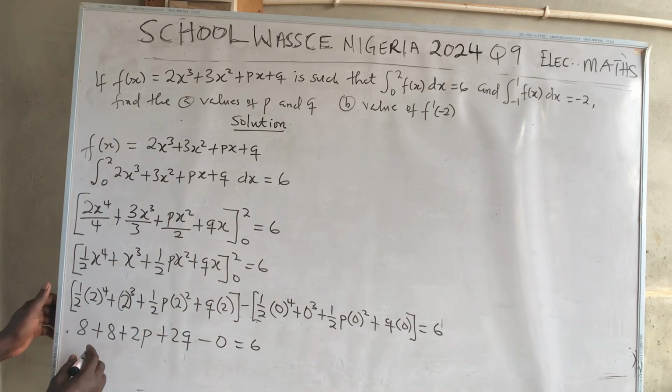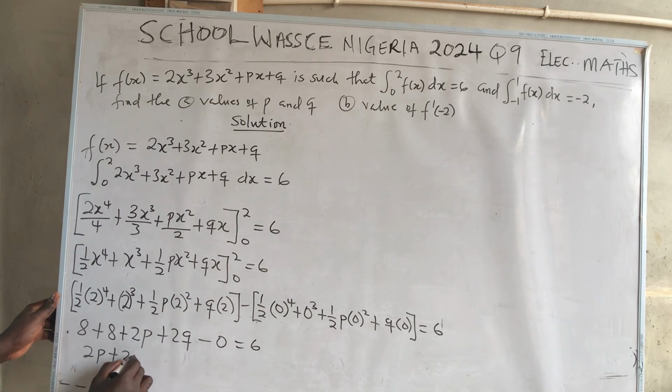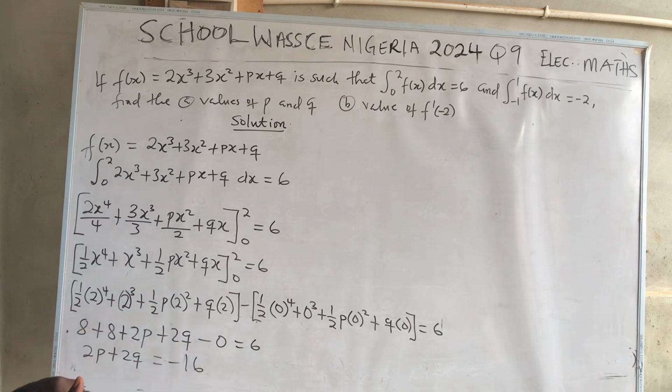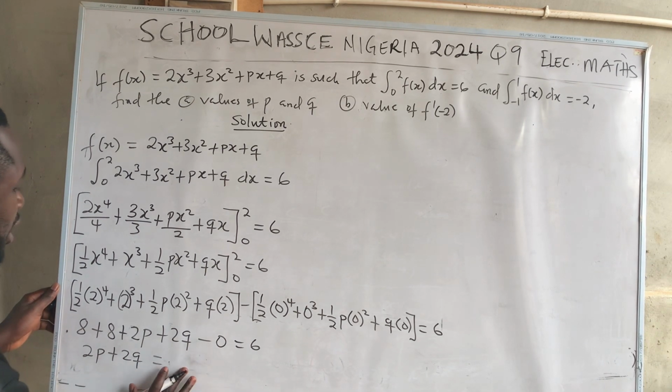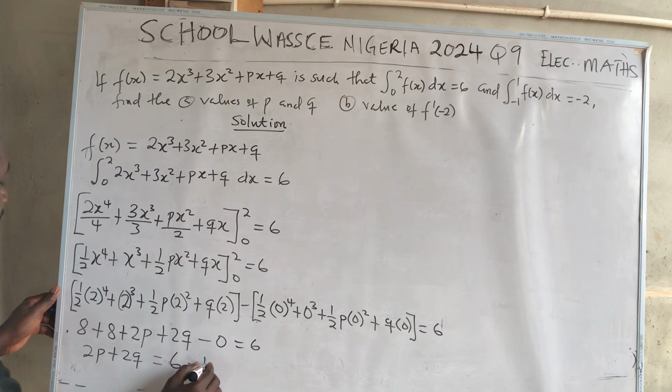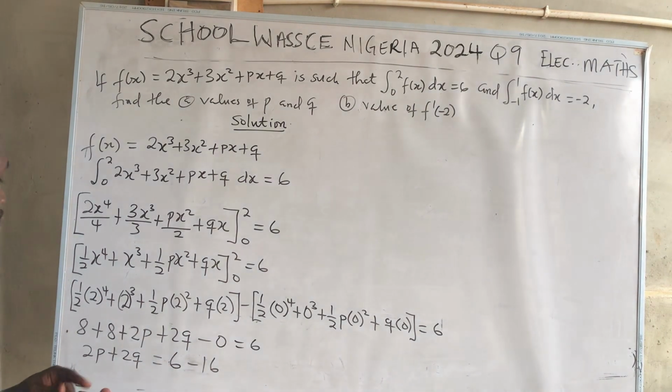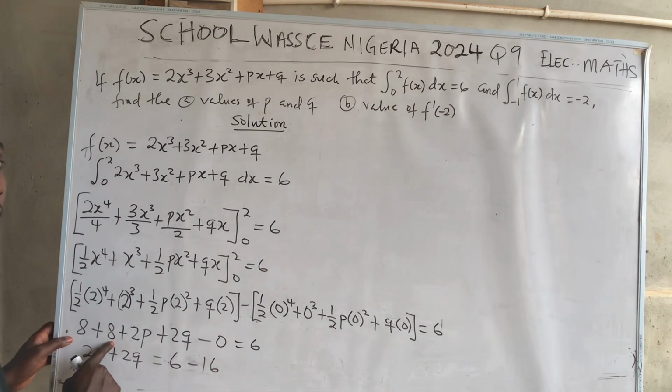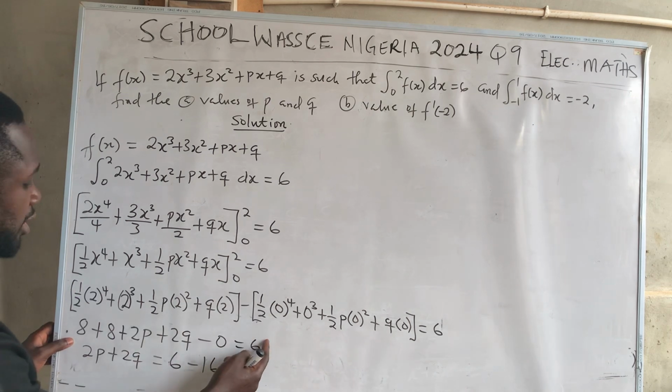Alright. So that we have 2p plus 2q to be equal to, so 2p plus 2q will bring it to be equal to minus 16. Alright. Minus 16, sorry. There is 6 here already, so 6 minus 16. So 8 plus 8 here will give us 16. So when you take the 16 here, it will be minus 16.